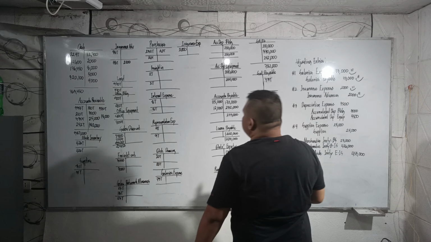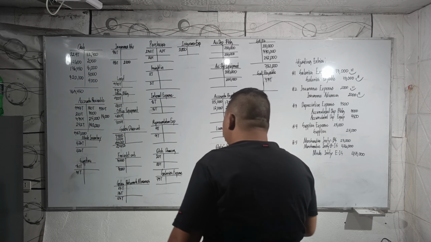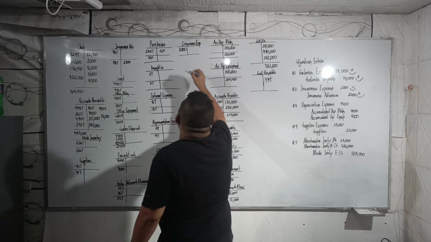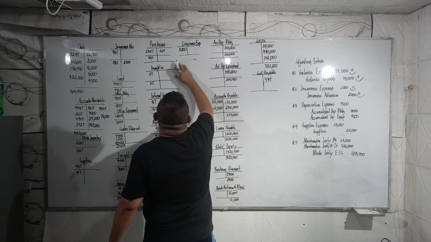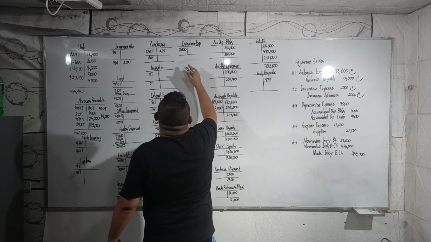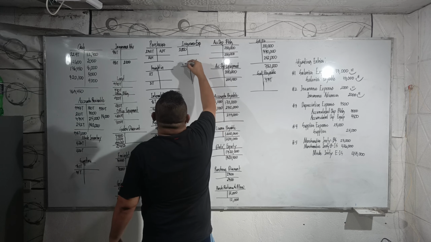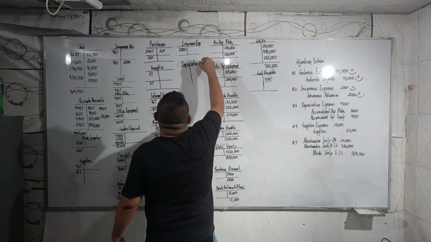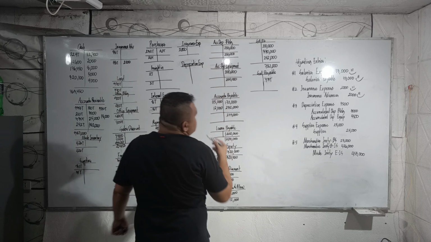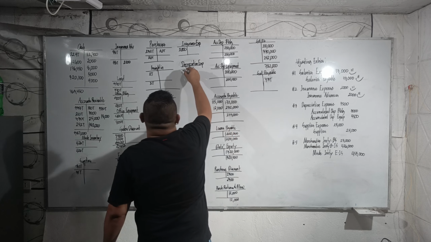Next is the depreciation expense. I guess we did not make any account for depreciation expense yet, so let's make one. Depreciation expense. How much? It's 7,500.